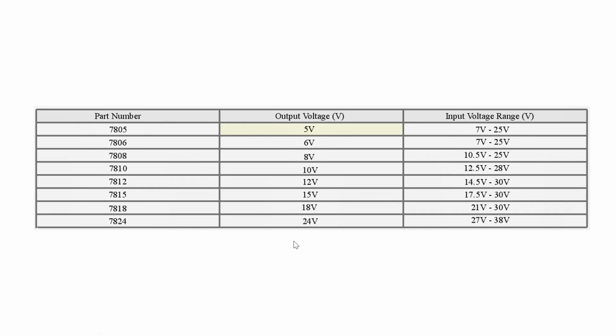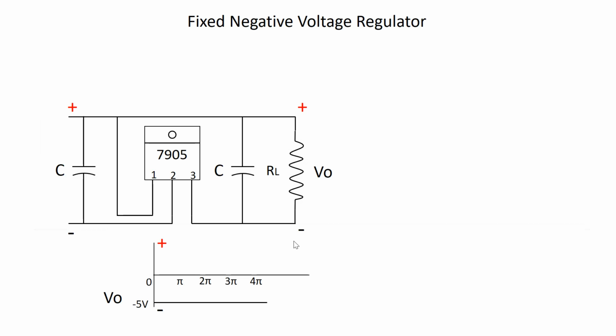Similar to this 78 series, we have the fixed negative voltage regulator, the 79 series of IC voltage regulators. It is a similar 3-pin voltage regulator IC, wherein pin number 1 is the positive reference voltage terminal, even called the ground terminal in this 79 series of ICs.